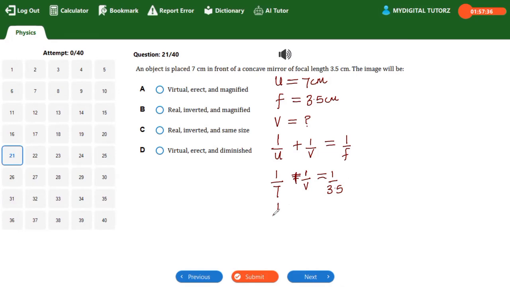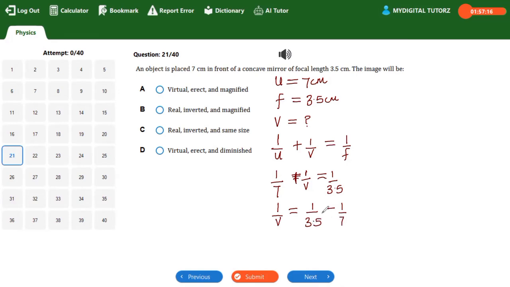So 1 over v will be equal to 1 all over 3.5, then this 1 over 7 crosses the equality sign and changes to minus 1 over 7.